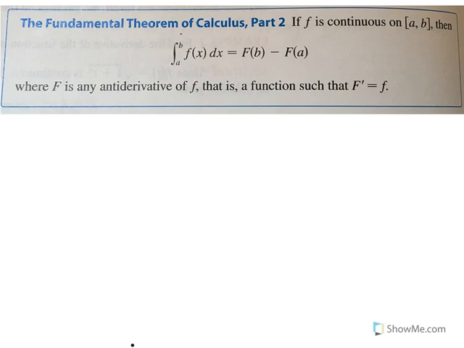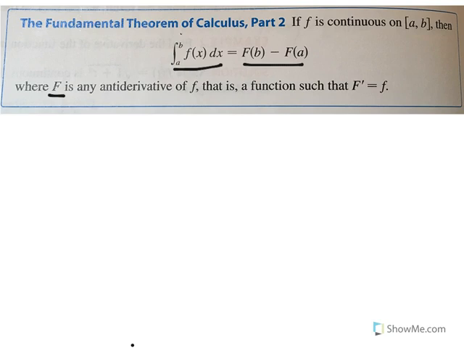It says if f is a continuous function on the closed interval from a to b, that should sound really familiar. We've seen that opening statement quite a bit now. Then we have this result, and this is pretty great, where the integral from a to b of f of x, and remember the integral means the area under the curve, is equal to the antiderivative, that's what capital letter F is, of little letter f evaluated at b, so plug in b, and then plug in a, and subtract.